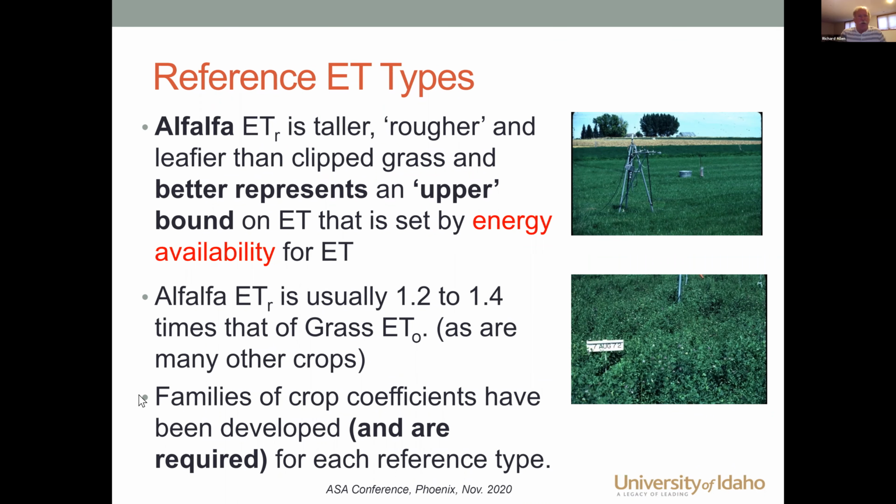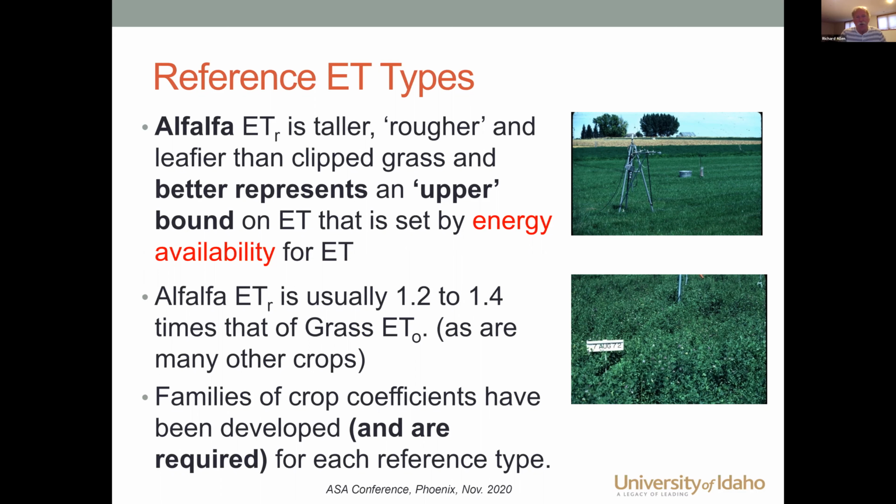As we talked about, alfalfa is rougher and leafier than grass. And so alfalfa in general tends to evaporate, transpire about 20 to 40% higher than grass reference, depending upon how much dryness there is in the air and windiness.